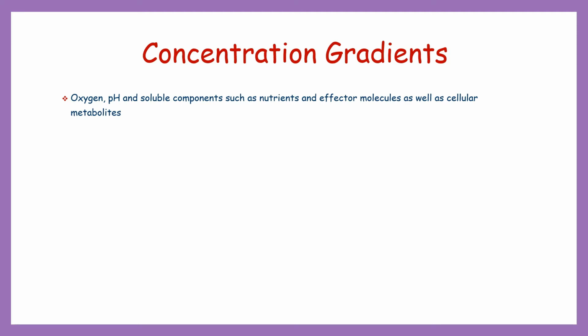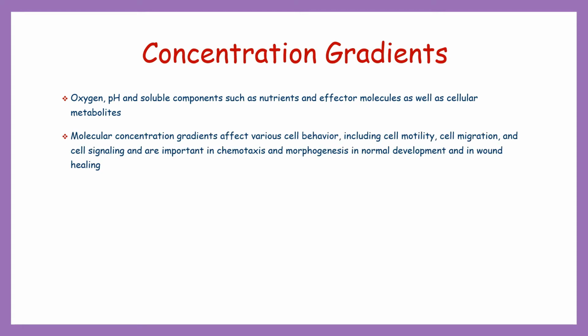Yes, the ECM is important to regulate the exchange of oxygen and nutrients with the cells and the production of cellular waste products also. Molecular concentration gradients affect various cell behaviors including cell motility, cell migration and cell signaling, and are important in chemotaxis and morphogenesis in normal development and in wound healing.